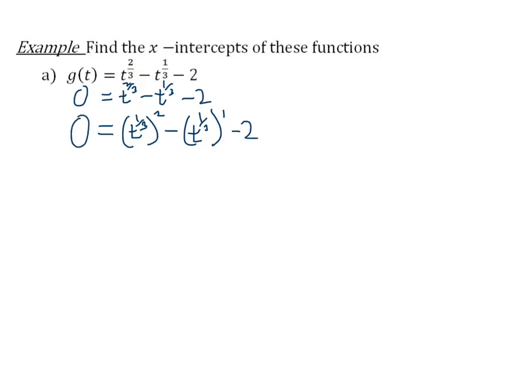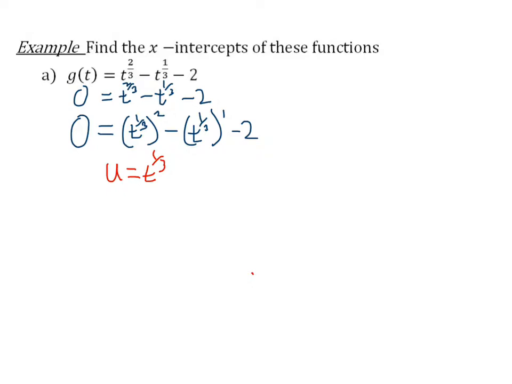So there we see it's in quadratic form. We have a squared term, first degree, and then we have 3 terms here. So that's good. So we can define our u. Let's see. We can say u is t to the 1/3.